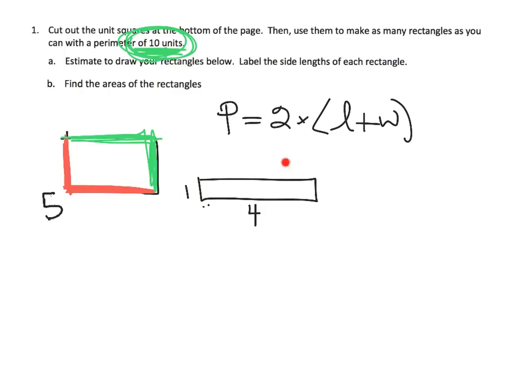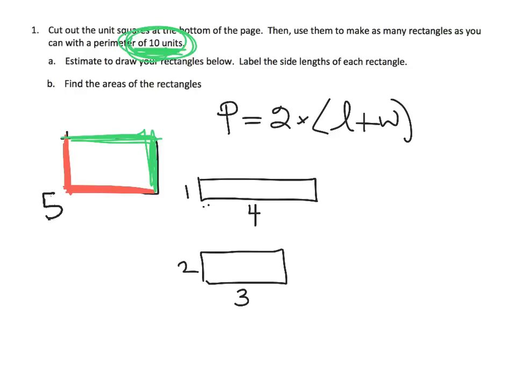And then you double it over here to get 5, and that's our perimeter of 10. So what's another one? Well, if we're still looking for combinations that equal 5, how about 2 and 3? So there's a combination that adds up to 5, and then the other side adds up to 5.